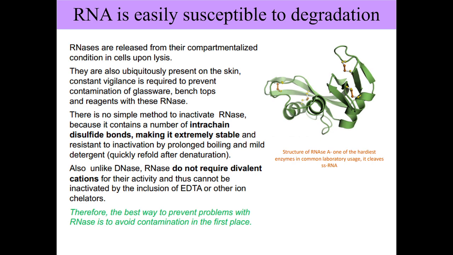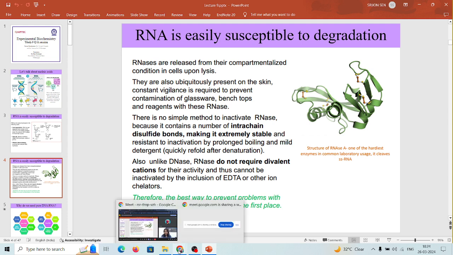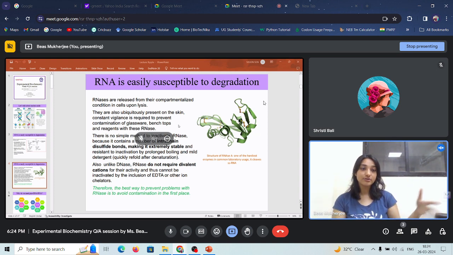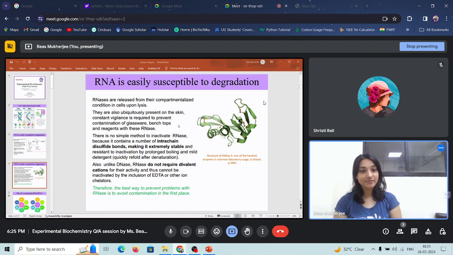So look here, RNA is susceptible to degradation. The structure of this enzyme that you see towards your right is RNase A, and RNase A has a property. I am sure you remember studying about RNase A in a previous lecture.